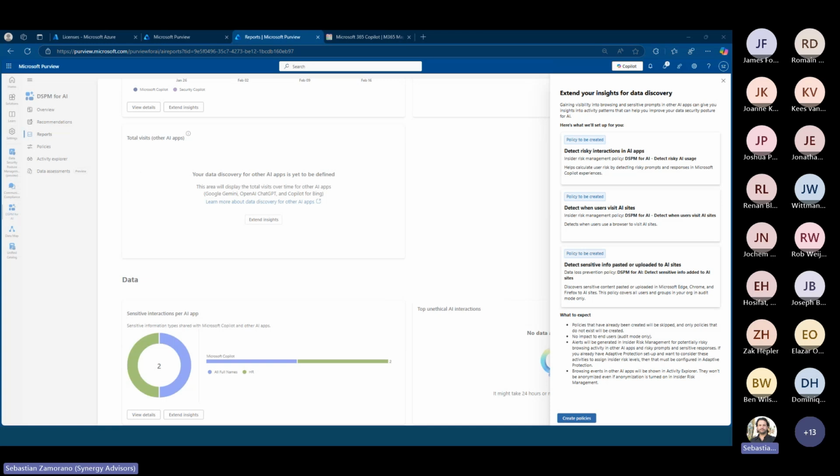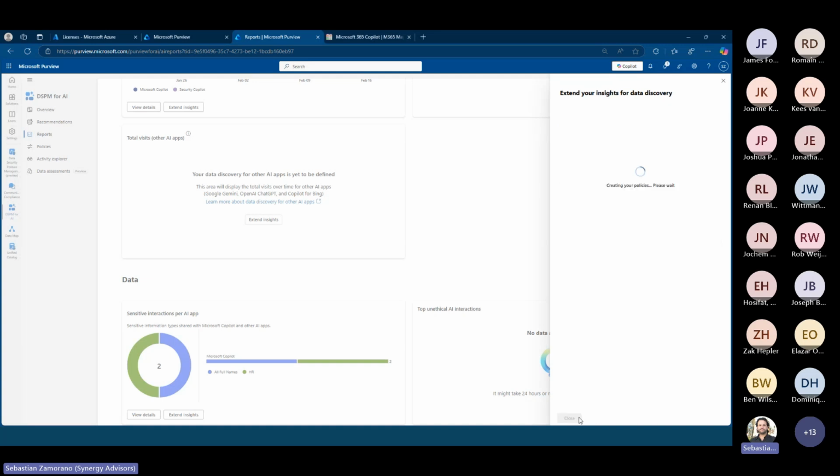Well, someone was asking, Fatima was asking in the Q&A, does Copilot need to be enabled in order to utilize DSPM? No, as we were discussing, it's not needed to have Copilot. Nevertheless, having Copilot permits you to interact with DSPM in an easier way to get some information.